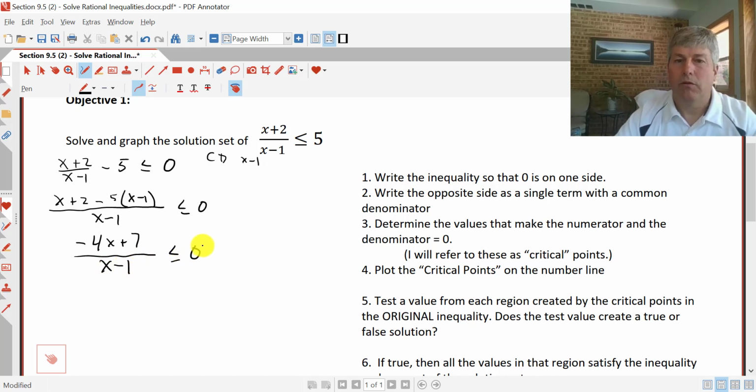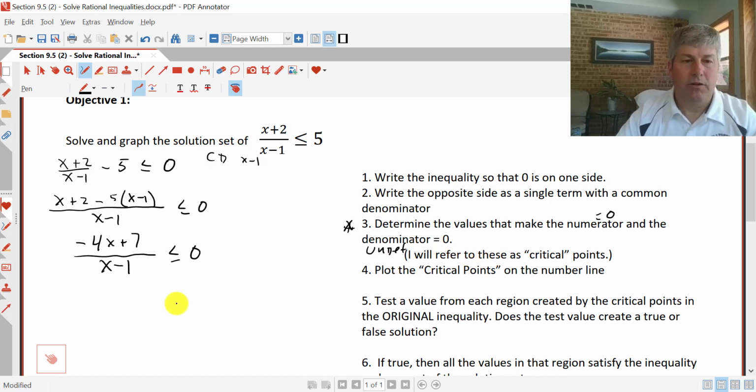Now our third step here, we want to determine the values that make the numerator and the denominator equal to 0. If the numerator is equal to 0, that means our fraction is 0. And if the denominator is equal to 0, our fraction becomes undefined. These are going to be our critical points.